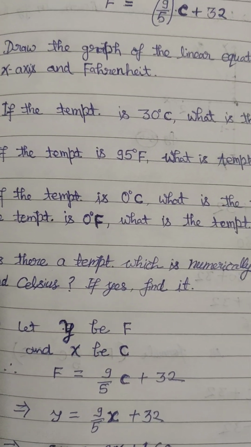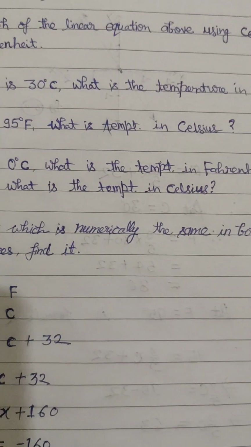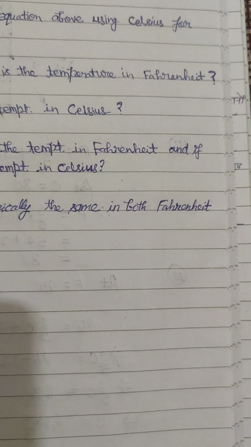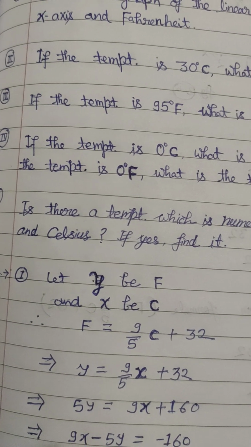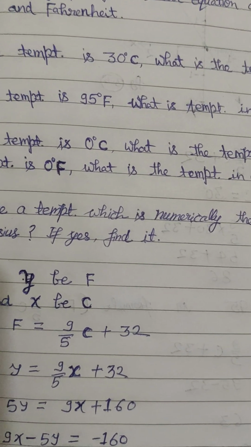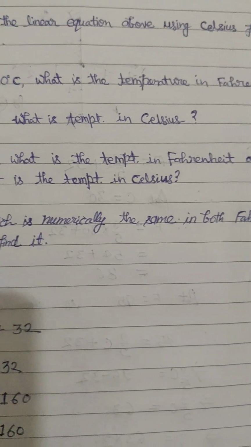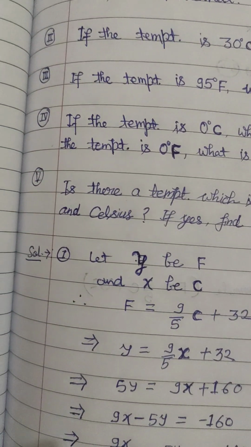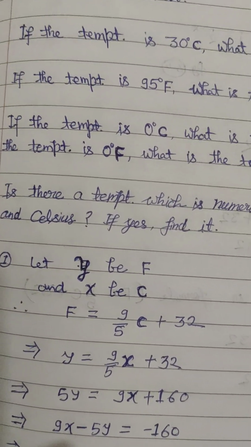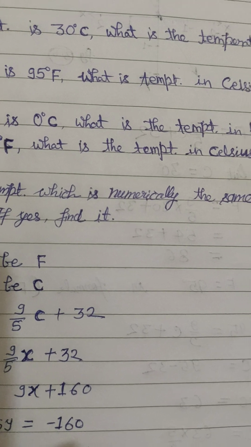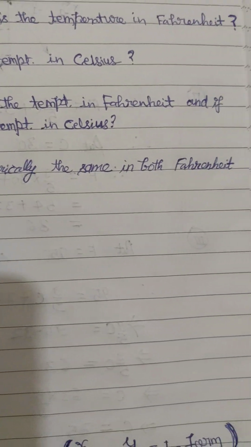Second question, if the temperature is 30 degrees Celsius, what is the temperature in Fahrenheit? Third, if the temperature is 95 degrees Fahrenheit, what is the temperature in Celsius? Fourth, if the temperature is 0 degrees Celsius, what is the temperature in Fahrenheit?